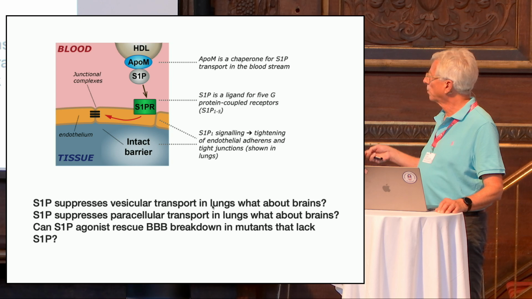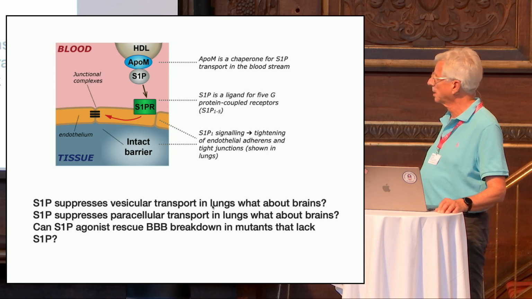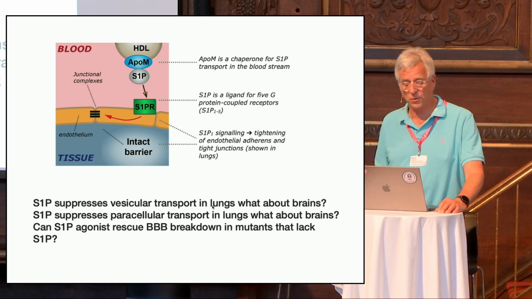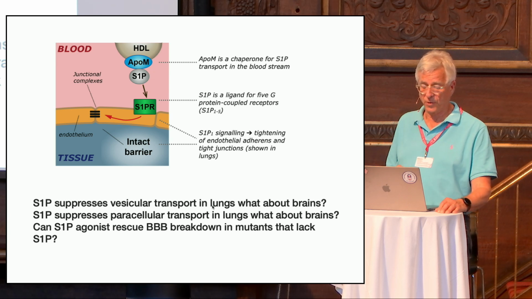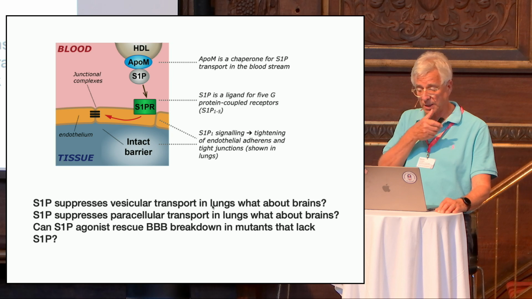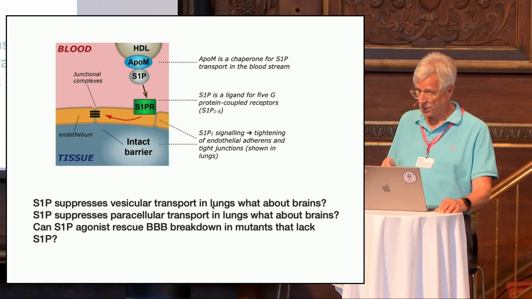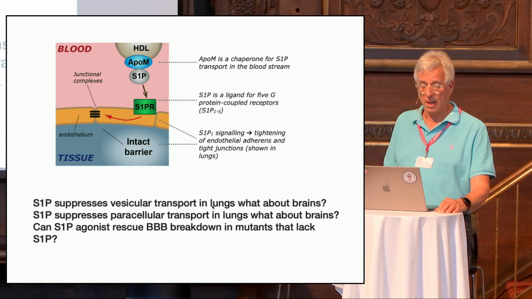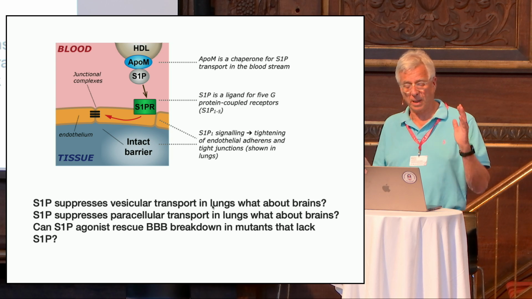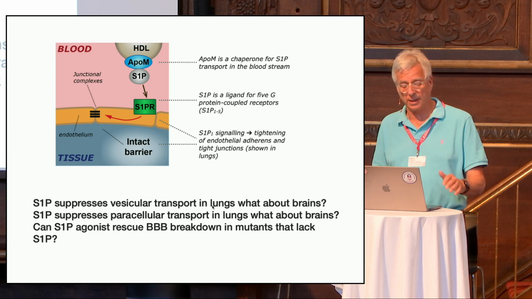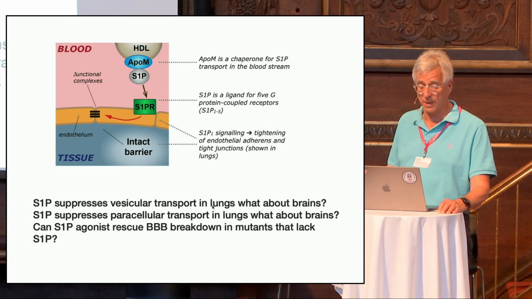And what happens when you lower this concentration and the binding to the receptor is that you have an increased vesicular transport in a lot of tissues. We found it first in the lungs, and then we thought about the brain. It also seems that this molecule has to do with suppression of the paracellular transport by making tight junctions and adherens junctions more stable.